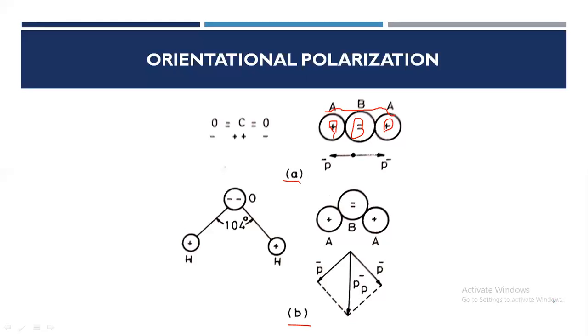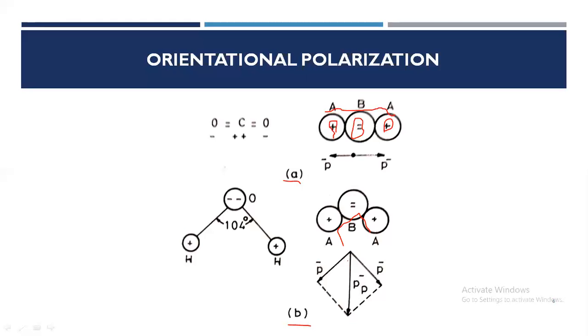The arrangement of these atoms shown in figure A gives a net zero dipole moment in the absence of an electric field. Whereas the molecular geometry of figure B gives a resultant dipole moment in the absence of the field.